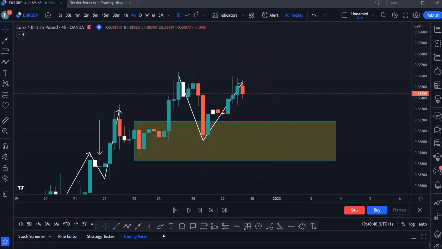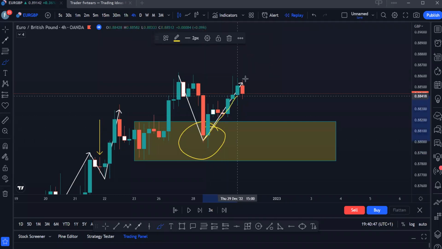You can see, so price reacted from the support, and then price kept going up like so. All right, so if you had used that concept that you learned and then you took entry somewhere here, right, you would have been in profit.